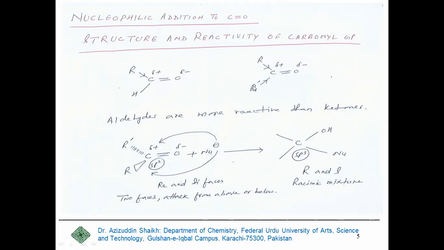is decreased. In the case of a ketone, there are two electron donating groups, two plus inductive effects of the alkyl groups. So the electrophilic character of this carbon will decrease more as compared to an aldehyde, because in an aldehyde only one alkyl group is decreasing the electrophilic character, while in a ketone two alkyl groups are decreasing it. So an aldehyde is more reactive towards nucleophilic addition, because the nucleophile attacks this carbon.